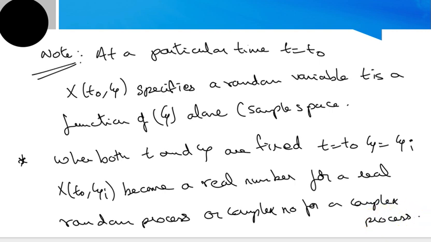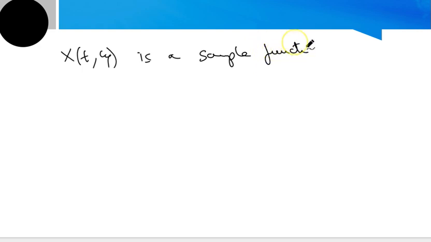Normally this x of t comma eta is denoted by just capital X of t, and the small x of t will denote a particular value of the random variable capital X. Here my x of t comma eta is called a sample function, or a realization of the process.